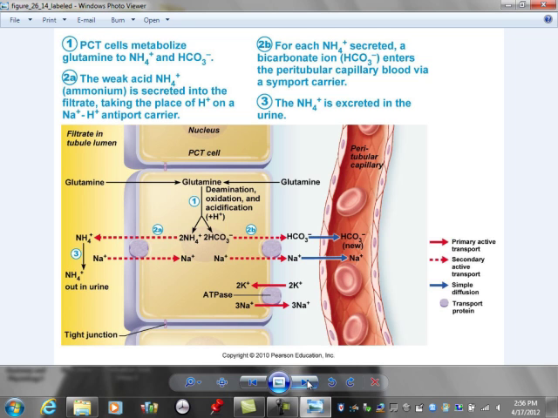Abnormalities of acid-base balance. When pH starts to get messed up, too many hydrogen ions, not enough hydrogen ions, both of those things are a problem, can be due to the respiratory system. Problems with getting enough oxygen in and getting rid of enough carbon dioxide. You know this already, right?